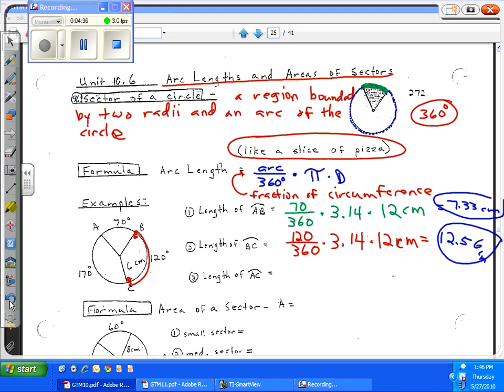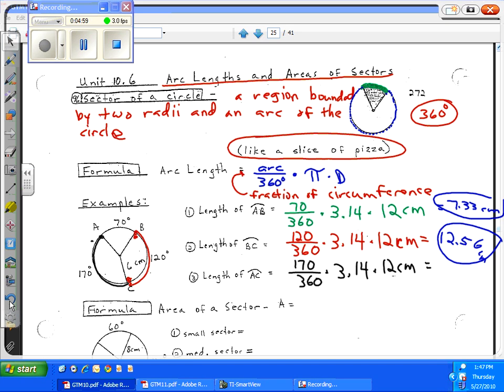12.56 centimeters. If we wanted the length of arc AC, we would take its arc measure 170 divided by 360 times pi, which is 3.14, times the diameter, which is 12 centimeters.